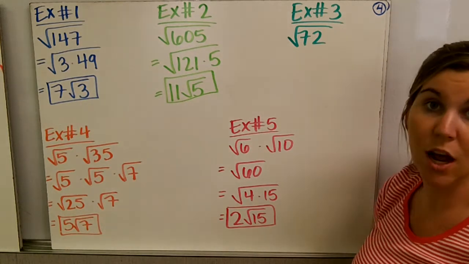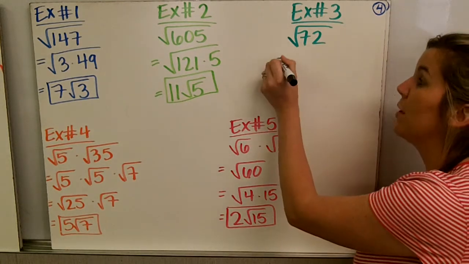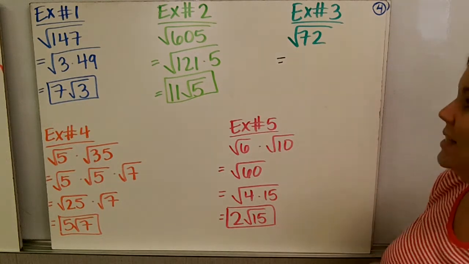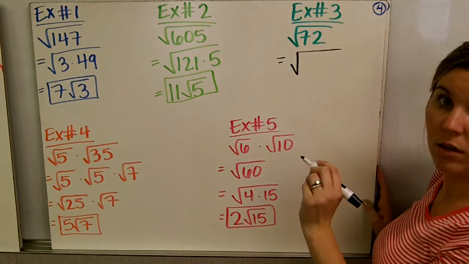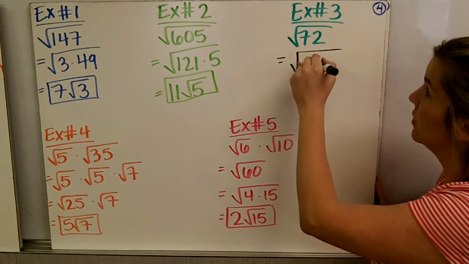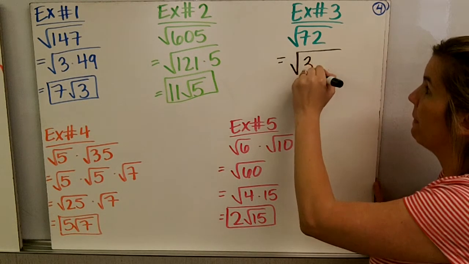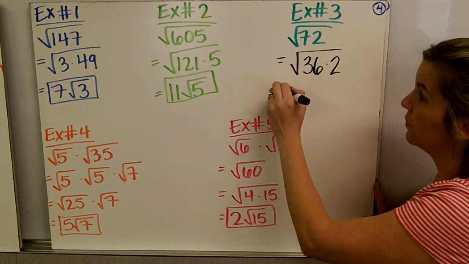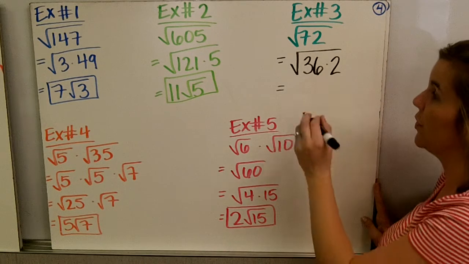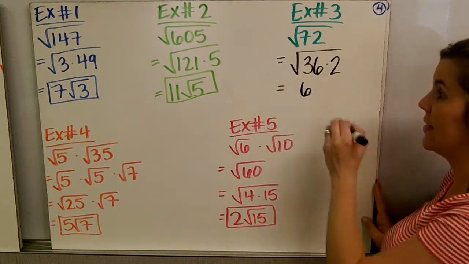Example number 3, the square root of 72. Think to the list of perfect squares. The biggest perfect square that goes into 72 is 36. 36 times 2. The square root of 36 is 6.